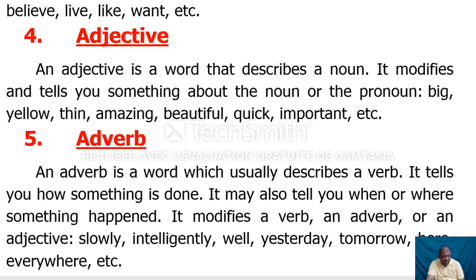So it modifies and tells you something about the noun or the pronoun. Because when we speak about a noun, we automatically refer to a pronoun. Big, yellow, thin, amazing, beautiful, quick, important, etc. So an adjective goes with a noun or a pronoun, always.